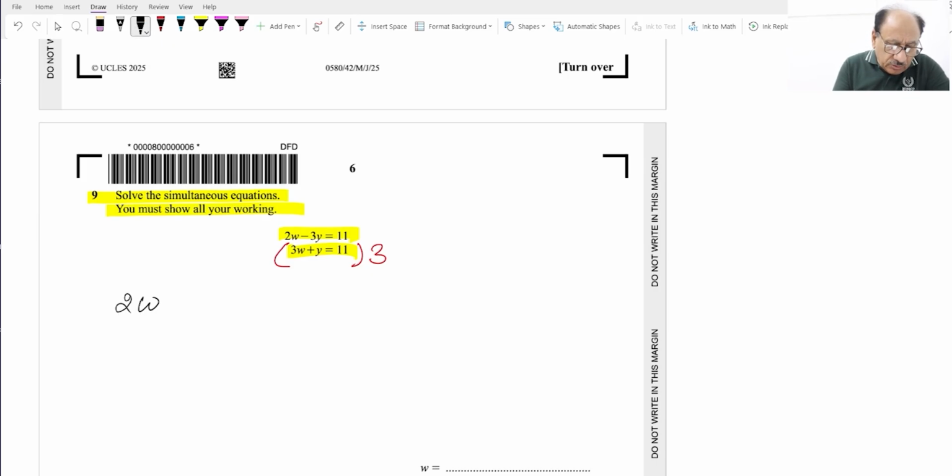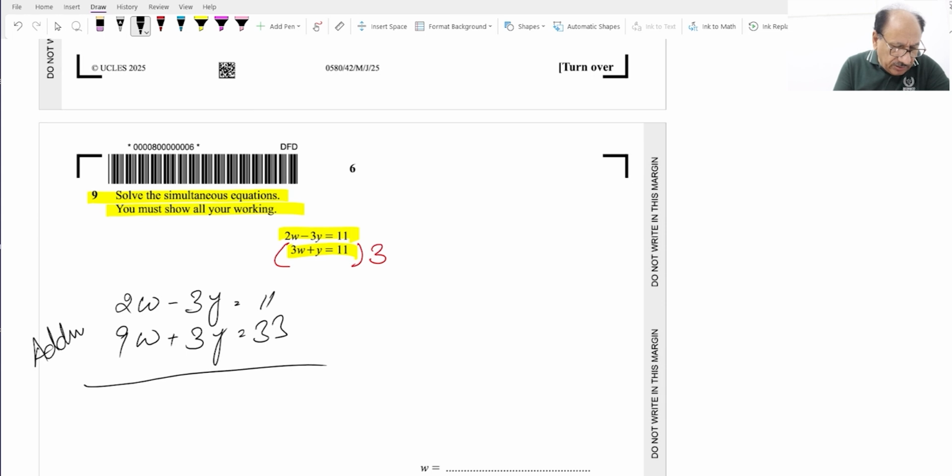So equation 1 I'm copying, 2w minus 3y is equal to 11, and the second equation will be 3 times 3 is 9, so 9w plus 3y is equal to 33. Now we can add, so adding, the y terms will cancel, and what we will get will be 9 plus 2 will be 11w is equal to 44. So w is equal to 4.